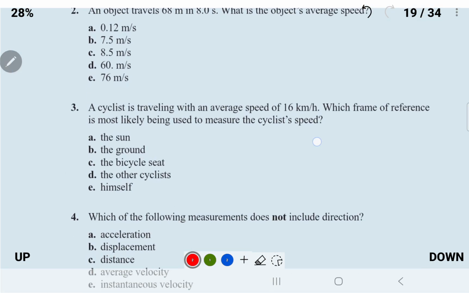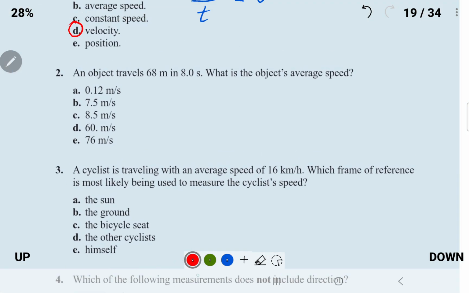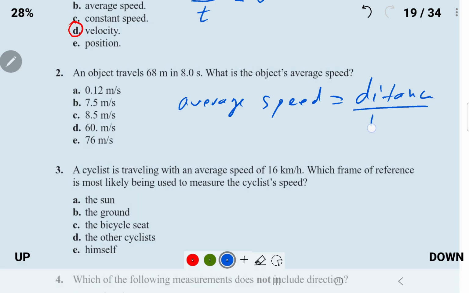Question number 2. An object travels 68 meters in 8 seconds. What is the object's average speed? Now average speed is equal to distance moved over time taken. So distance by time.